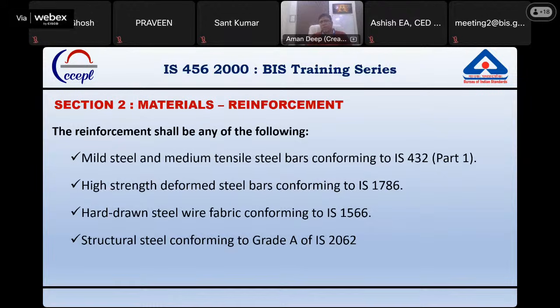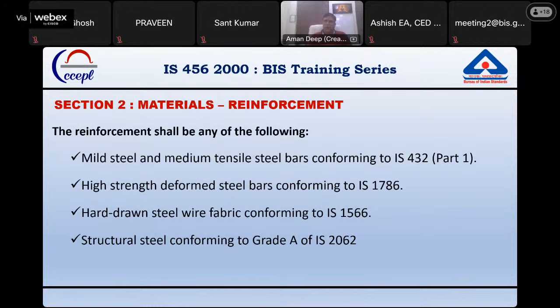And now with the help of process improvement, thermomechanically treated bars, TMT bars, are now having better strength than 415. So nowadays in the market, you are getting Fe 500 and Fe 550 or even Fe 600 also.